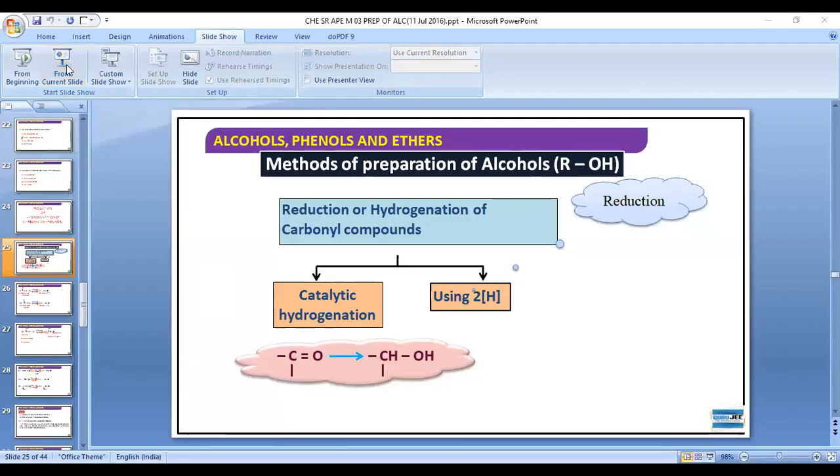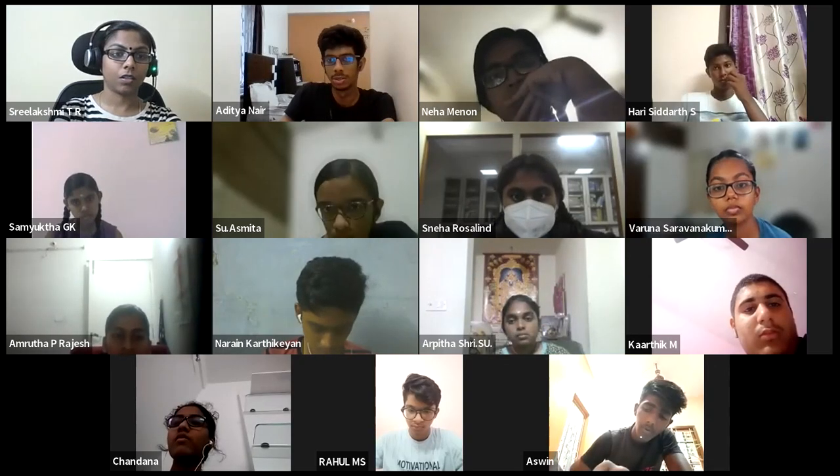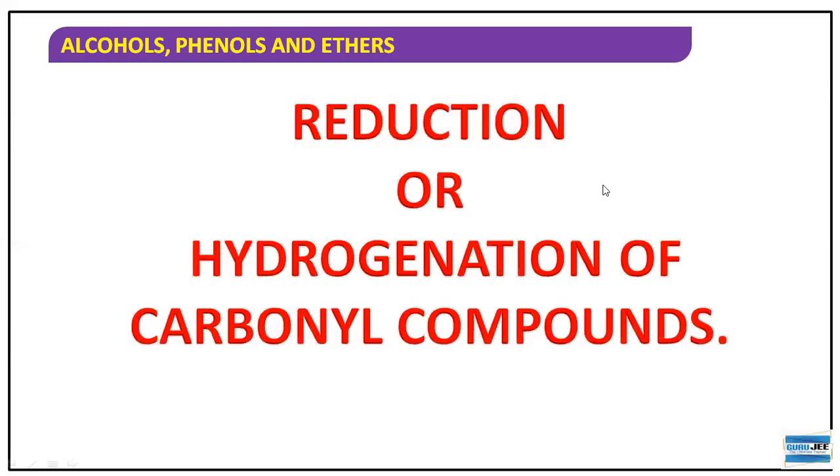Okay. So what happens here? Here we are going to see the other reactions, not the commercial method of preparation from these, which we have seen in the last class. Reduction or hydrogenation of carbonyl compounds means what?